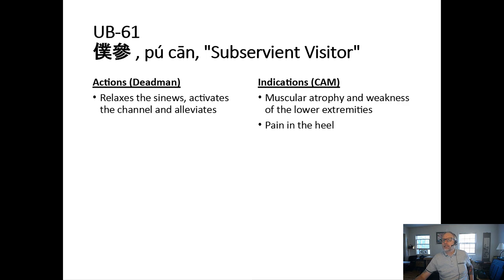Relaxes the sinews, activates the channel, and alleviates pain. So you would be using this for pain in the heel, bone spurs, anything like that. If you want to know how to actually treat a bone spur, ask me tomorrow in class. Muscular atrophy and weakness of the lower extremities.